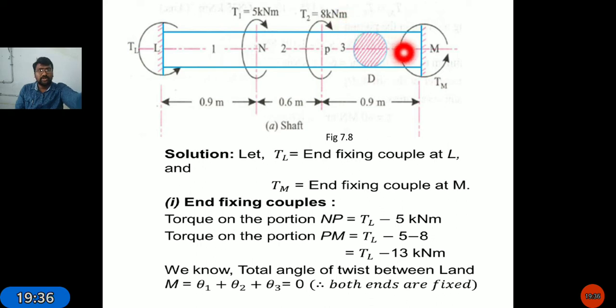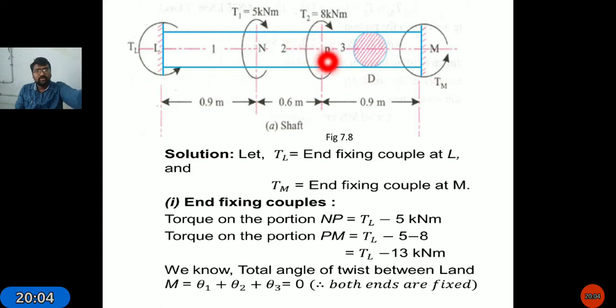So that it can be written as TL minus 5, TL minus T1 minus T2, because we are calculating the torque at point M, it means PM. We need to consider these three couples, so that TL is anticlockwise, T1 and T2 are both clockwise.